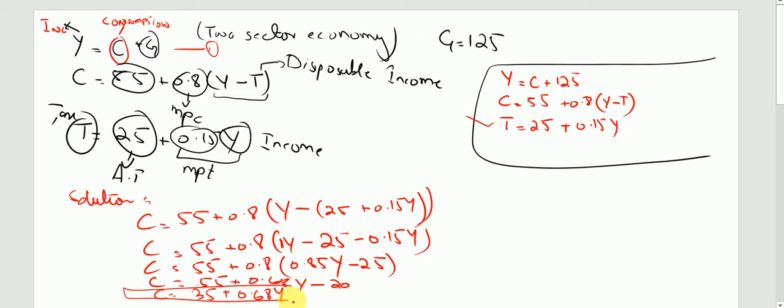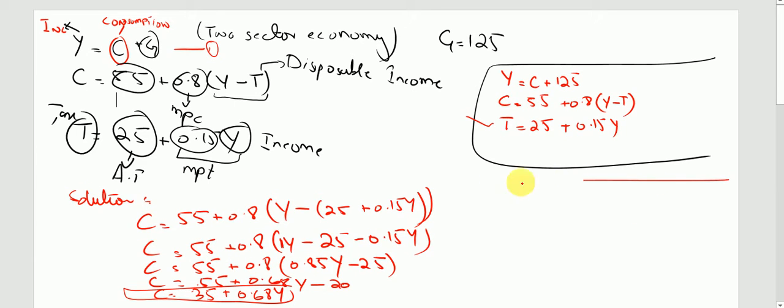So here we have the consumption equation, which is dependent on y. There are only two unknown variables right now. So now we have to plug this consumption equation into the main equation, which is y equals c plus G. As I told you earlier, G equals 125, so you can also say y equals c plus 125.